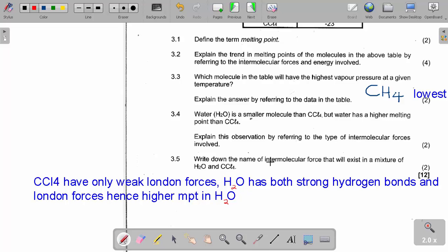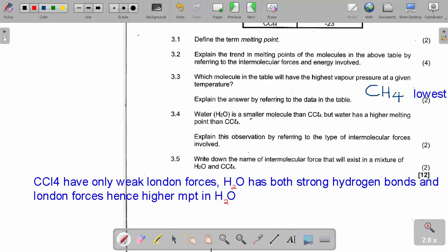They say, write down the name of the intermolecular force that will exist in a mixture of water and carbon tetrachloride. Now, water is a polar molecule. What about CCl4? It's a non-polar molecule. Now, when we have a polar and a non-polar molecule mixed together, the force between them is called what?